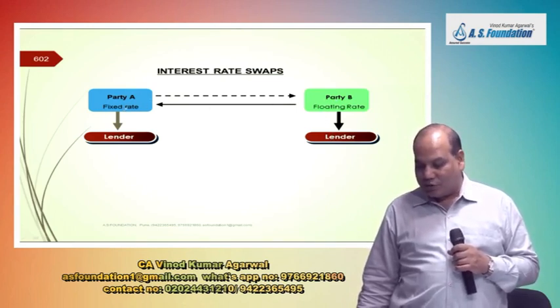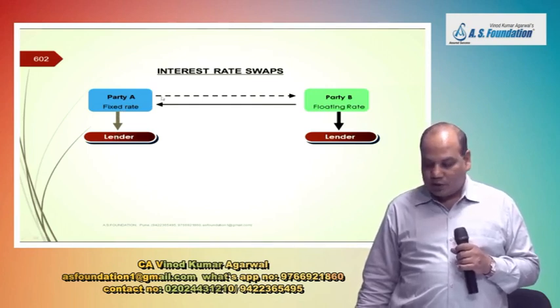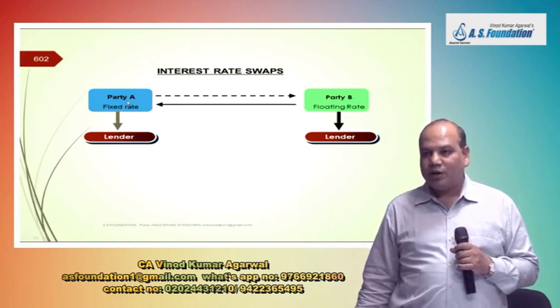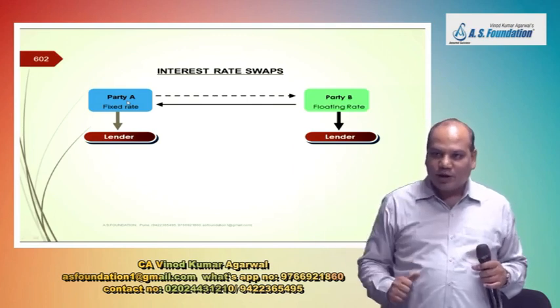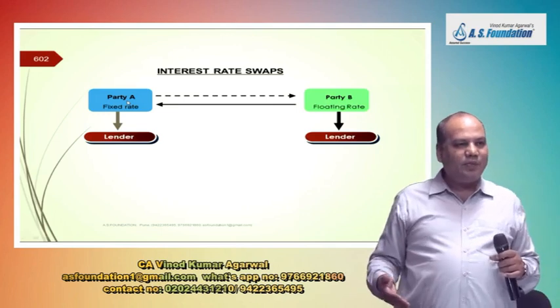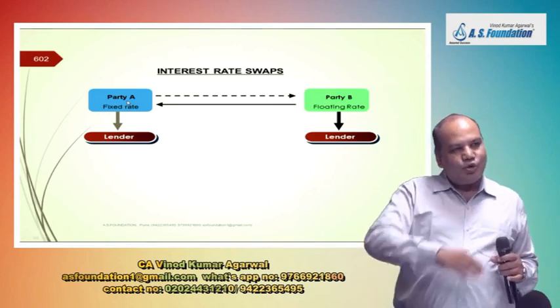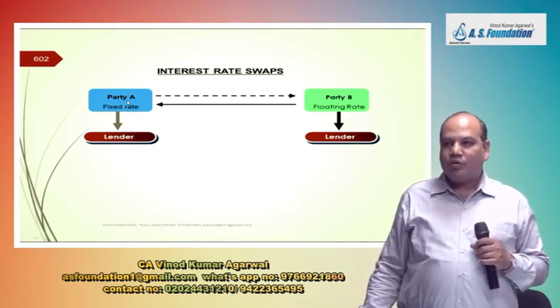Party B will pay fixed rate to party A, which A will pass on to the lender. So effectively through interest rate swap, what is the outflow of party A every period? Floating rate. Because your fixed rate obligation is taken care of by B. And party B is effectively paying fixed rate because your floating rate obligation is taken care of by party A.